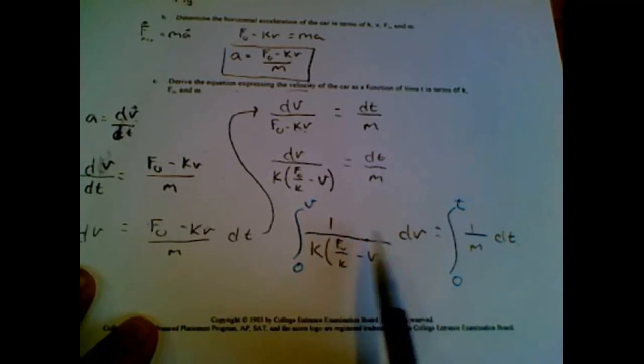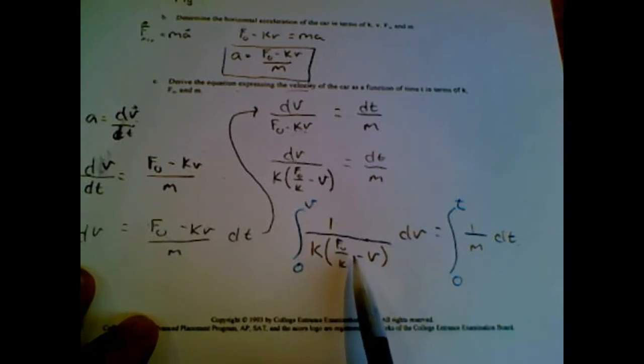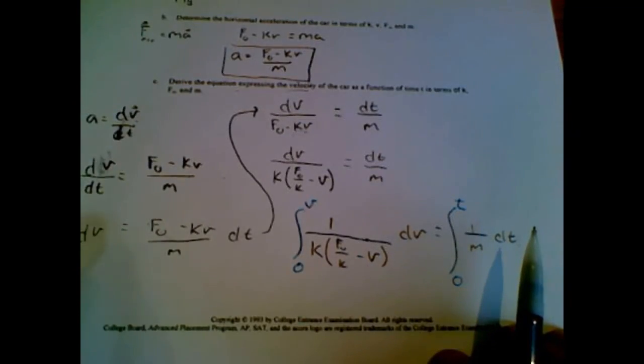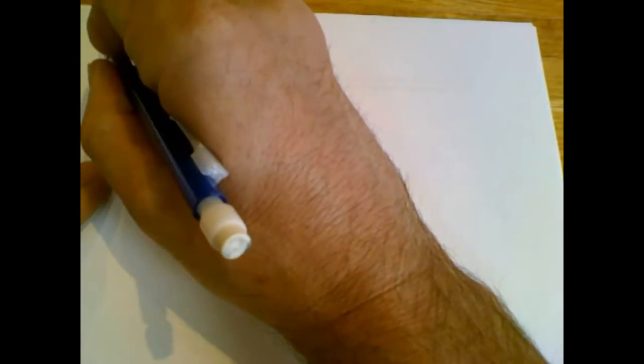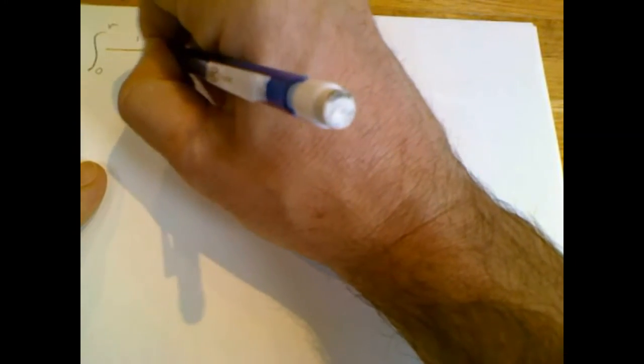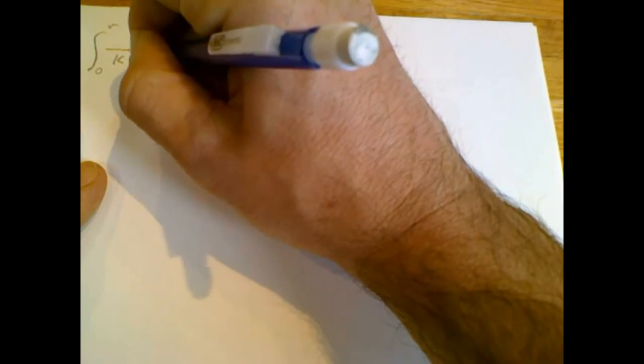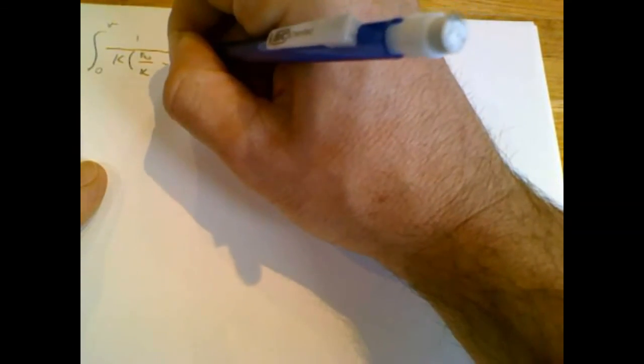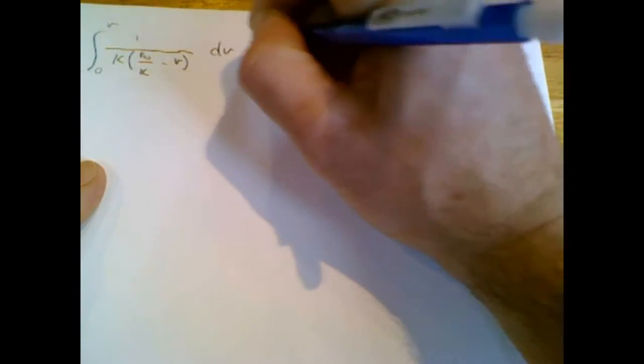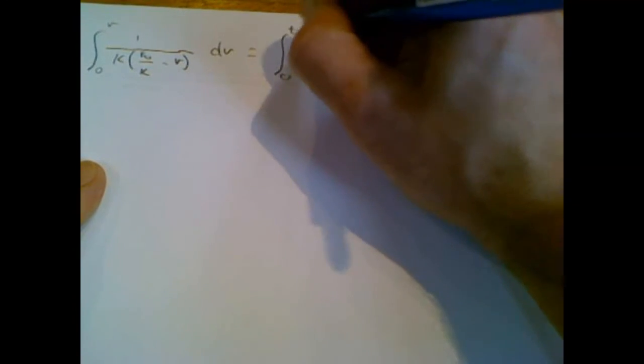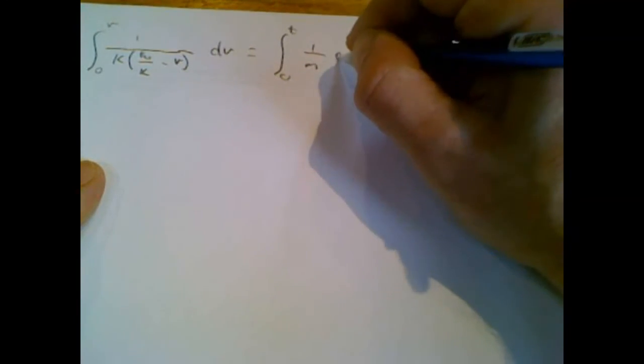Now that I have this, it doesn't matter if the dv is here or on top, I should recognize that this is a natural log, right? A dv over a v, the antiderivative of that is a natural log. So I'm going to have the antiderivative from 0 to v of 1 over k times F naught over k minus v dv equals the antiderivative from 0 to t of 1 over m dt.